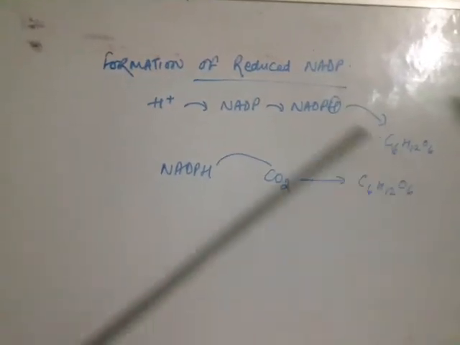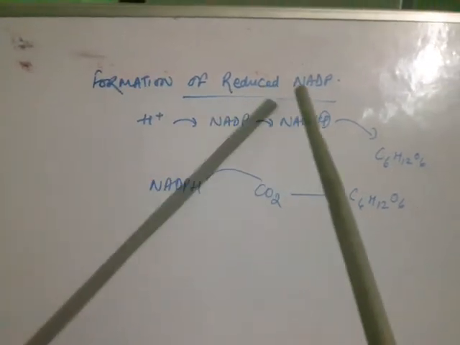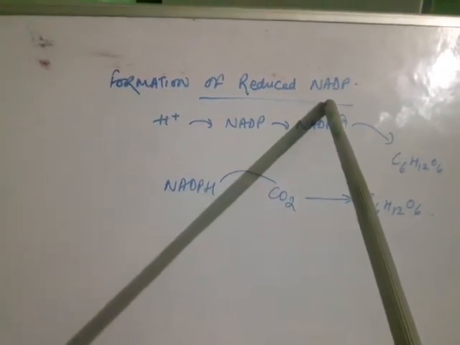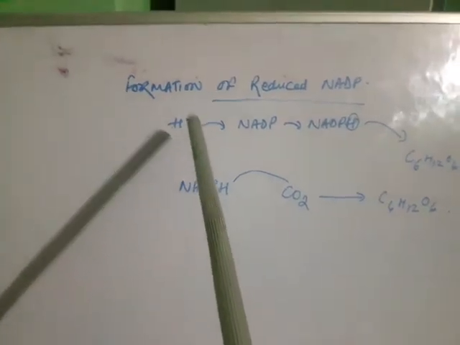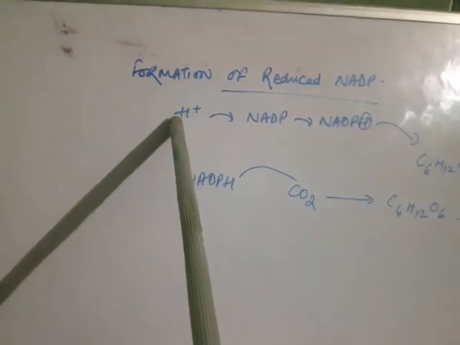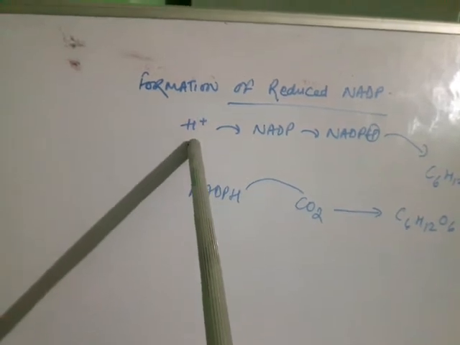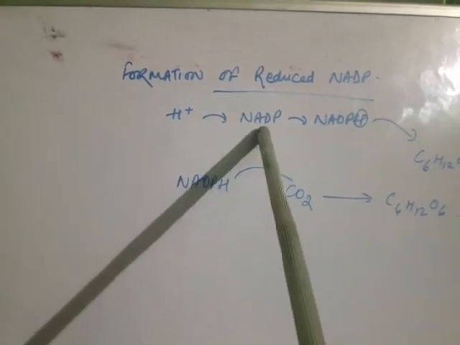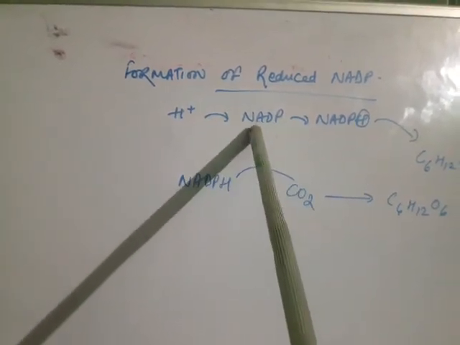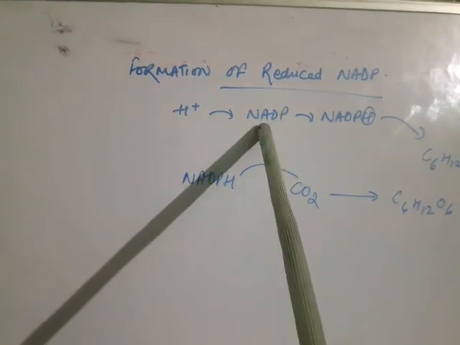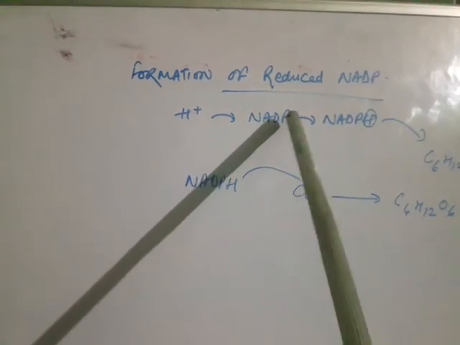And one more step is there, the formation of reduced NADP. During photolysis you have seen that hydrogen ions are formed, and these hydrogen ions are accepted by NADP. The full form of NADP is nicotinamide adenine dinucleotide phosphate.